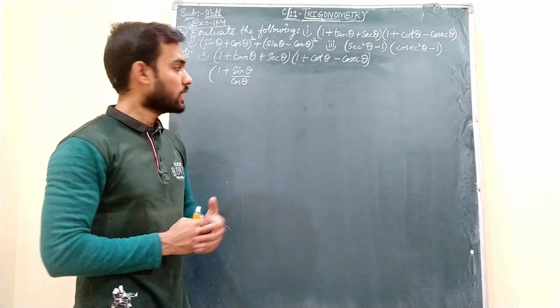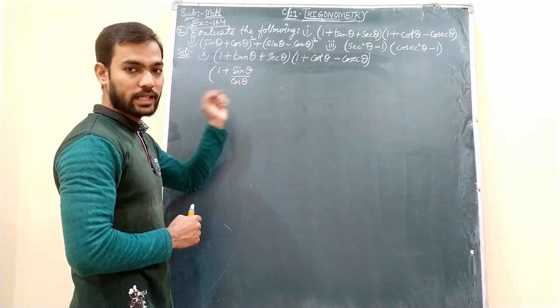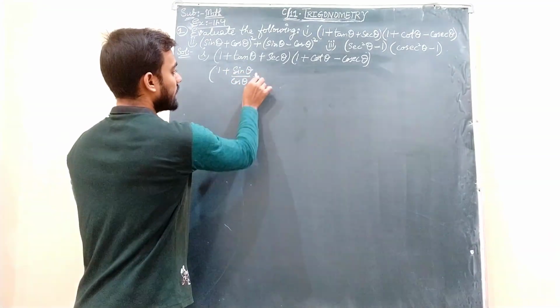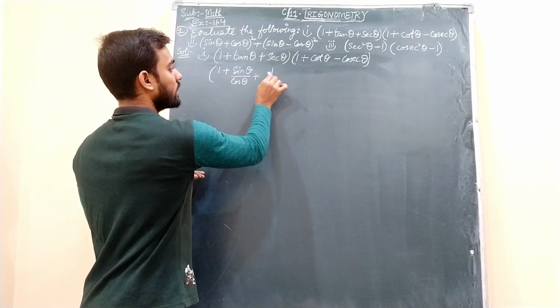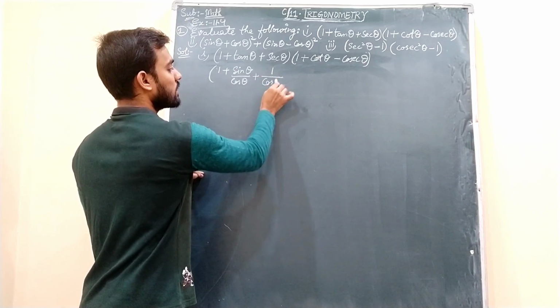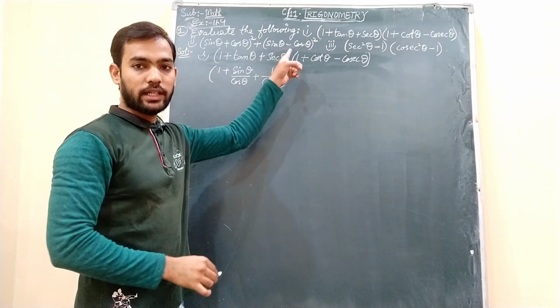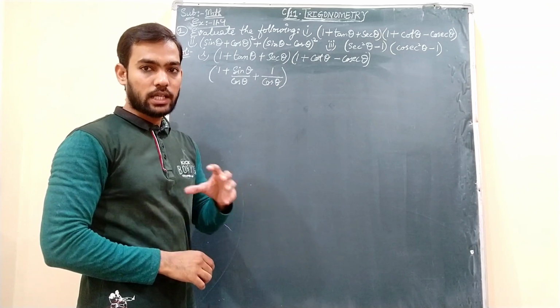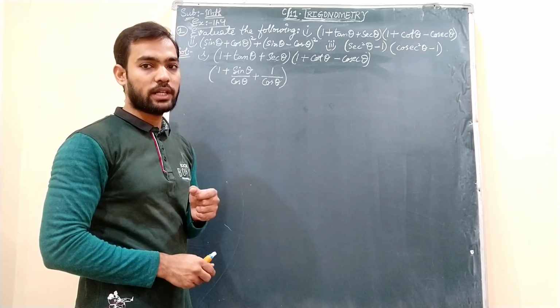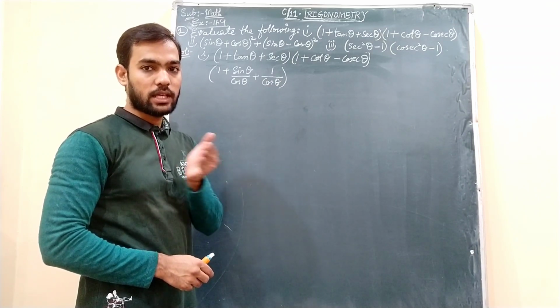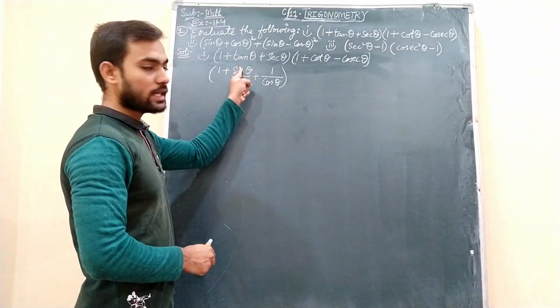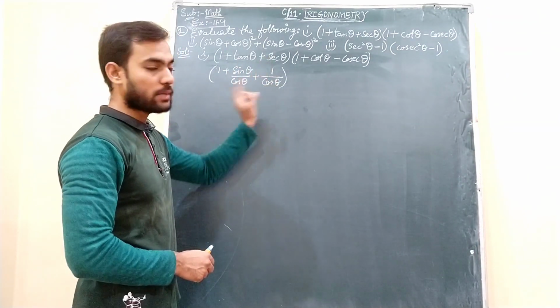That is the reason tan theta can be replaced with sin theta by cos theta. And secant theta is the reciprocal of cos theta, so I am replacing secant theta with 1 by cos theta. If you want, you can go through the trigonometric ratios of specific angles table, where beside tan theta we have written sin theta by cos theta, and for secant theta 1 by cos theta.